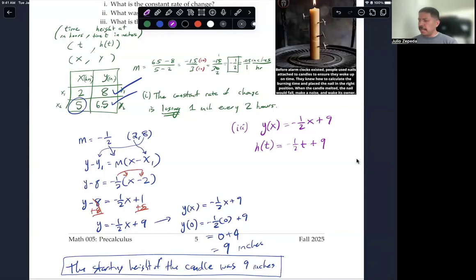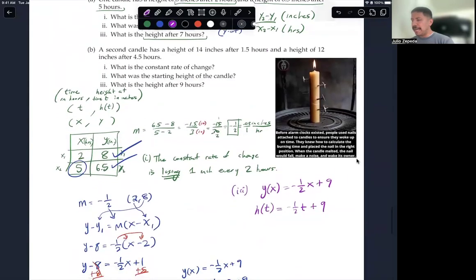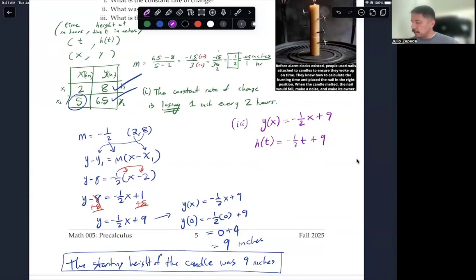Okay, so the last question was, what is the height after 7 hours? So h of 7 is negative 1/2 times 7 plus 9. We're going to get negative 7/2 plus 9. We can get a common denominator, which is 2.